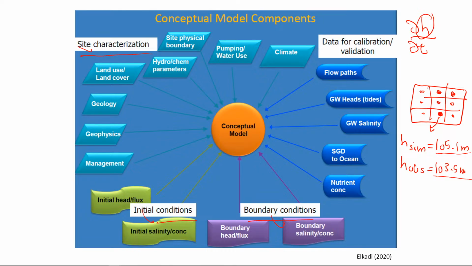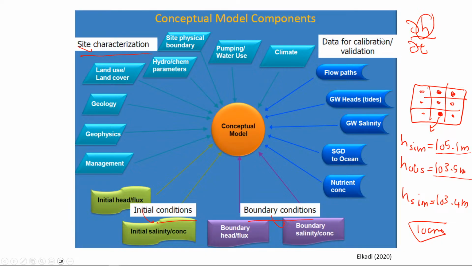Then I run the model again, and now the new simulation is 103.4 meters. Now, see, this is a small difference, about 10 centimeters. That's a good difference. So this means that now my model can simulate what I am observing in the field at this location and at this time. And that is calibration data.